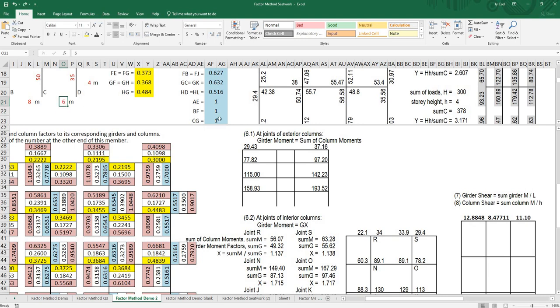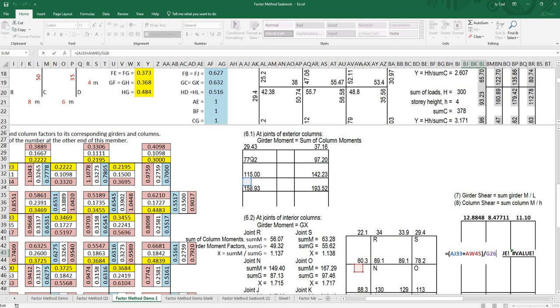Okay, next is dito naman, still at girder shear. This is equal to 77.82. Okay. Pwede mo namang kopyahin na yan. Paste mo dito.